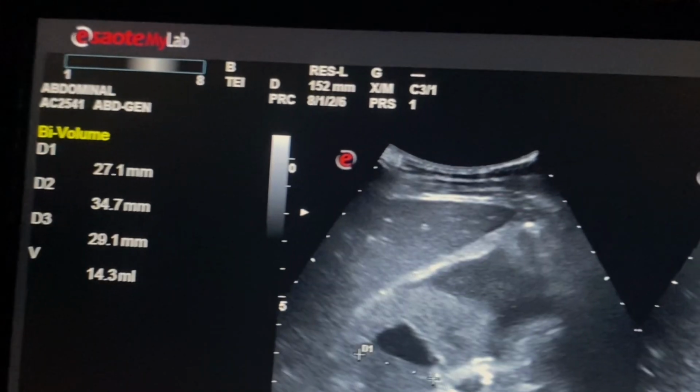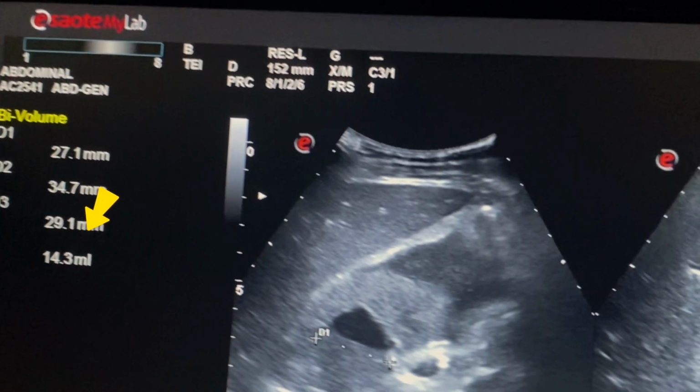The volume of this lesion is 14 milliliter.